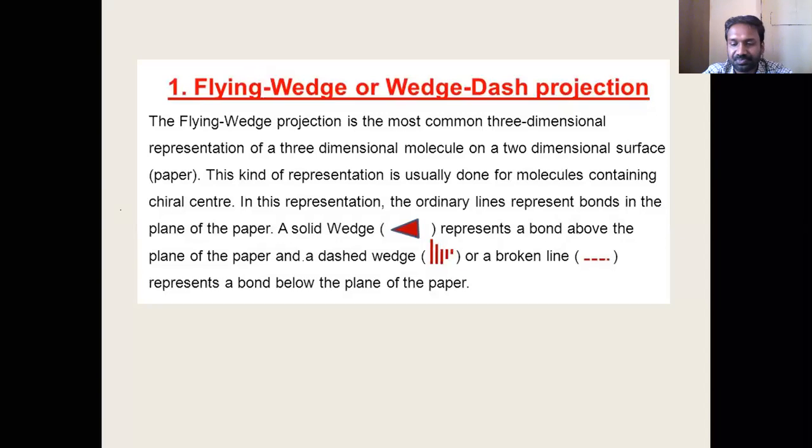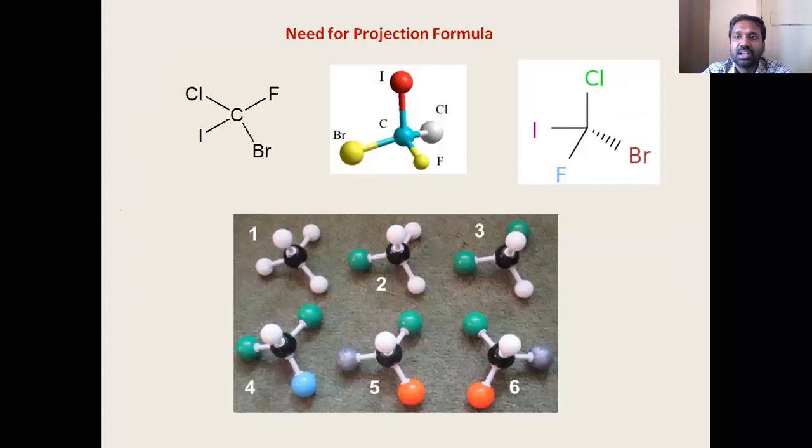Okay, fine. So what is the main difference in the wedge-dash formula compared to the ordinary structural formula? Even if you write a molecule like propane, how do you write it? C, C, C, 3 carbons and all the hydrogens on the carbon atoms.